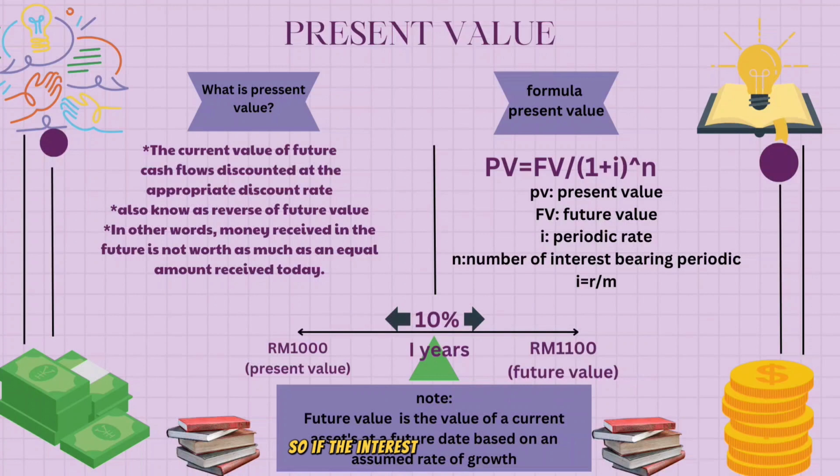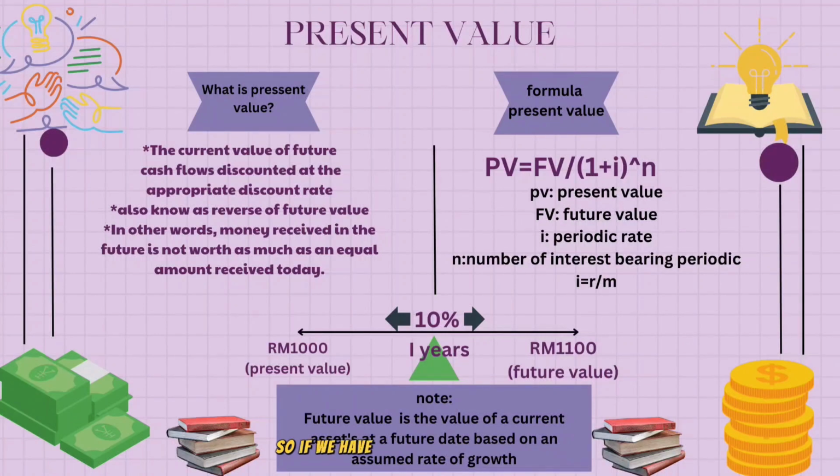So if the interest rate of investment for 1 year is 10%, our money next year is 1,100. In this case, 1,000 is the present value and 1,100 is the future value. In this case, we also see that the money in the present value and future value is not the same.